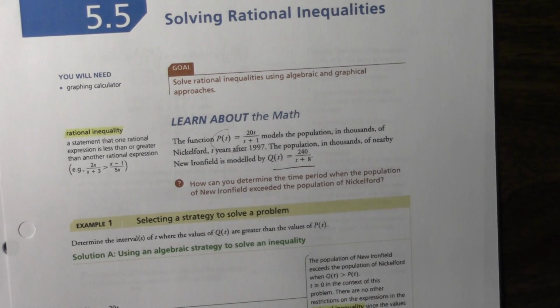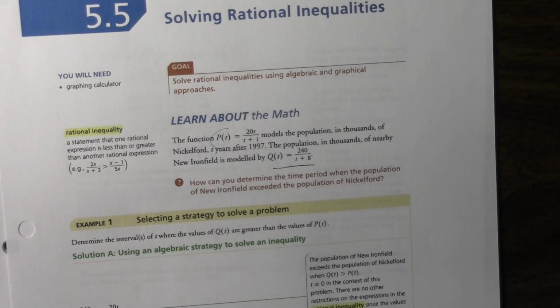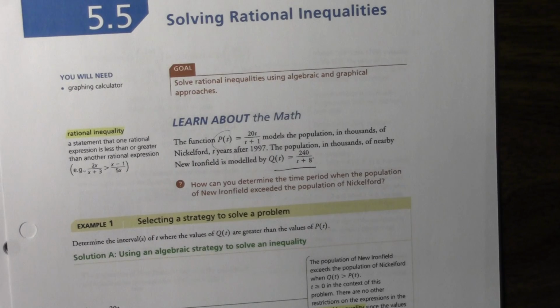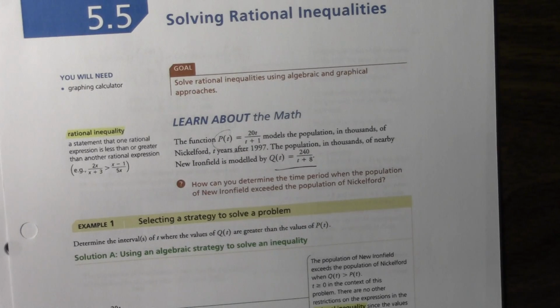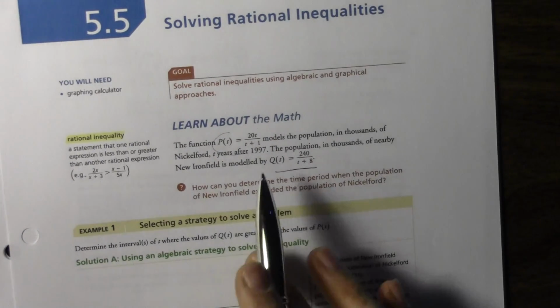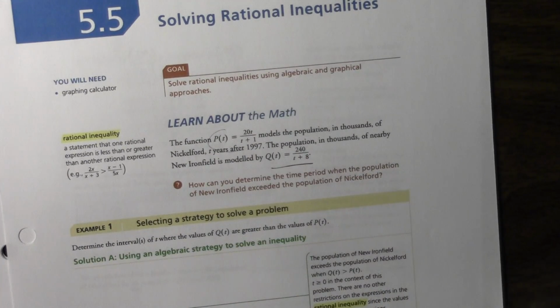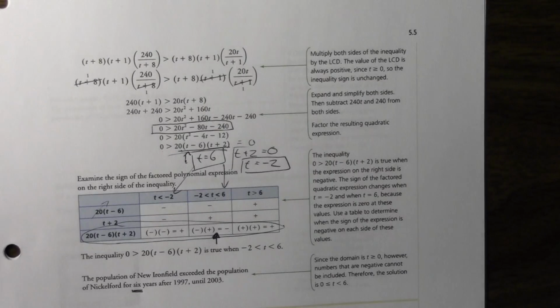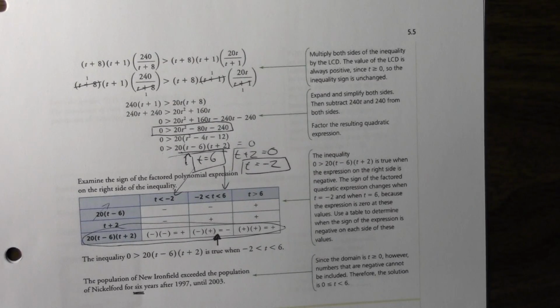Before 1997, it could be a different equation, a different model. So any value before 1997 is not valid. Just generally speaking, if you have a negative time value, it's not valid. Even though this is in reference to a year, you can't just go back years. Any questions about that? All right.